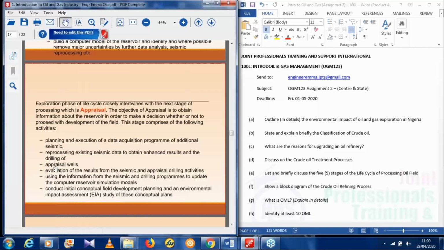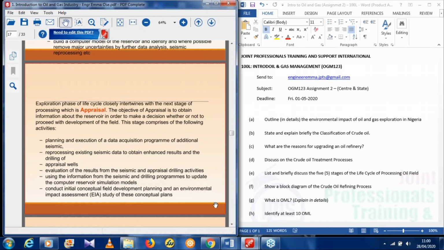Then we evaluate the results from the seismic data and the appraisal drilling activity. This covers the appraisal stage, up to where we conduct an initial conceptual field development planning and EIA, our environmental impact assessment.